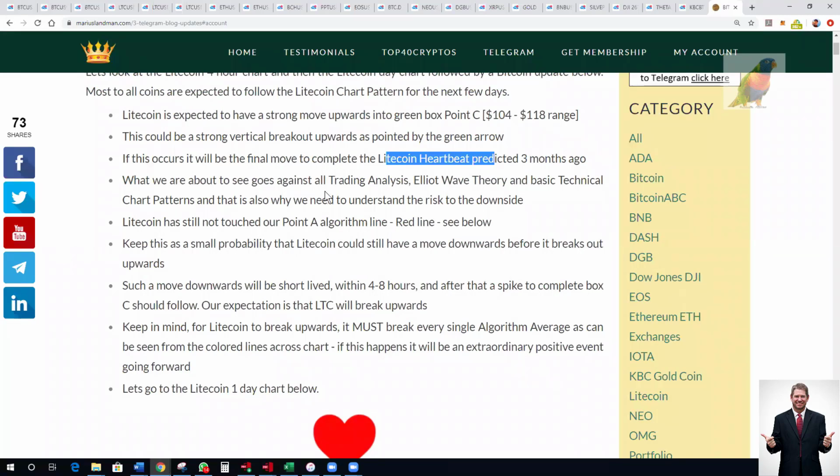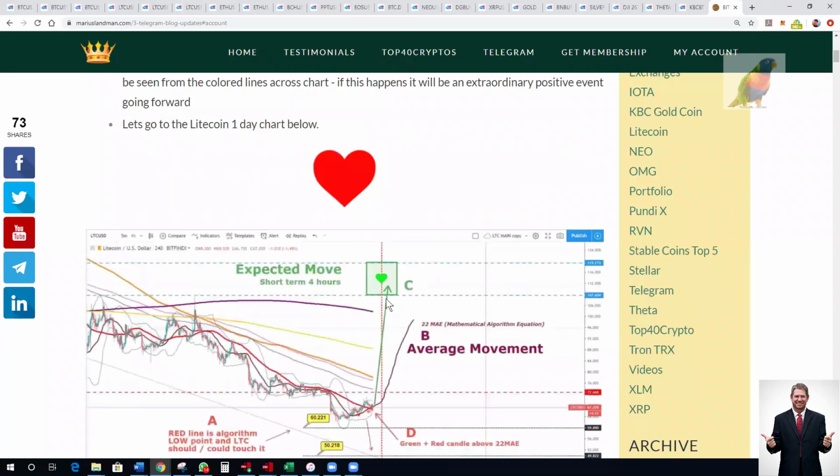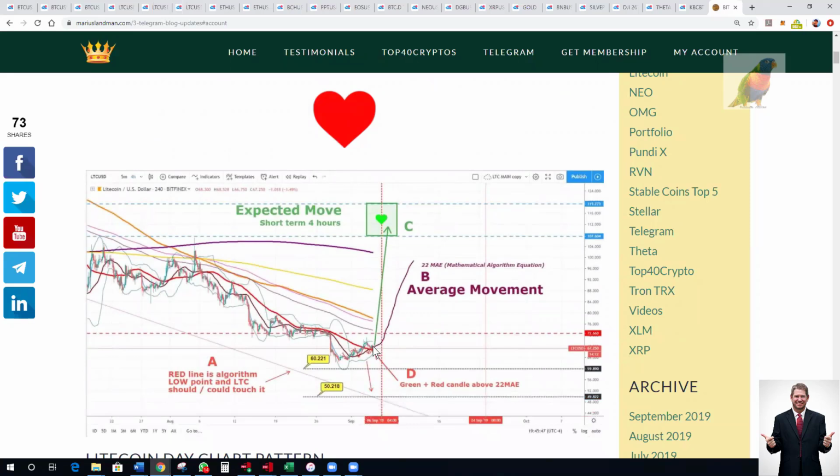What we are about to see goes against all trading analysis, Elliott Wave theory, basic technical chart patterns. It just bugs your mind. So it's a strange call for me to make, because if I'm wrong with this, I'm going to have a lot of egg on my face. But guys, for Litecoin to break through all these resistance levels, the Python y-axis, and all these indicators, it's literally impossible.